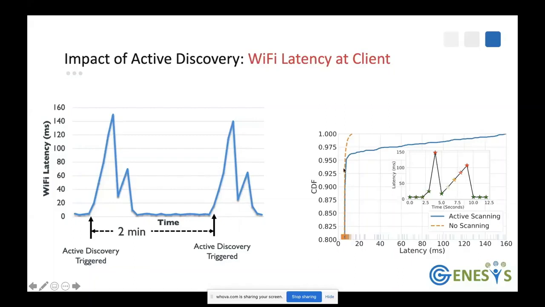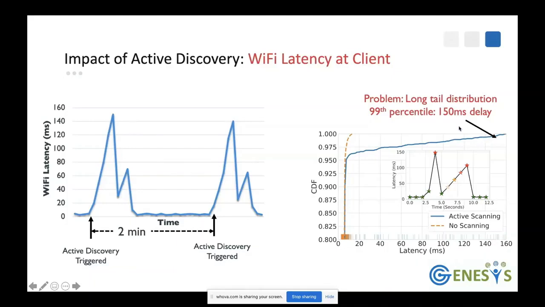We plotted a CDF of two things: one is when the client actively scans the network, called periodic active discovery, and the other is when there is no active discovery trigger. The median value of this latency is very similar, around 5 to 7 milliseconds. But we observe a long tail distribution. What does it mean? The 90 to 97 percentile value is very high, as much as 150 milliseconds of delay.